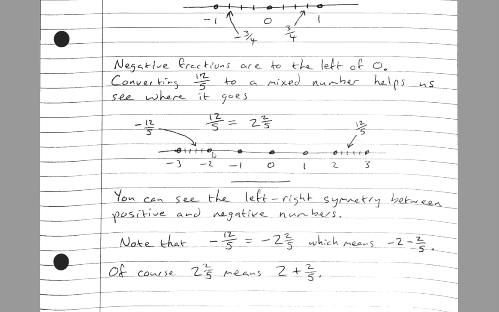We saw that up here. It's -2, and then you subtract the 2/5, so you're going left. The positive version, 2 and 2/5, that means 2 plus 2/5. So you're going right. With mixed numbers, it's easy to make mistakes.